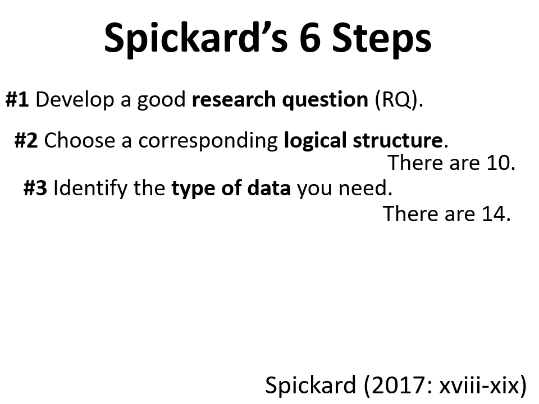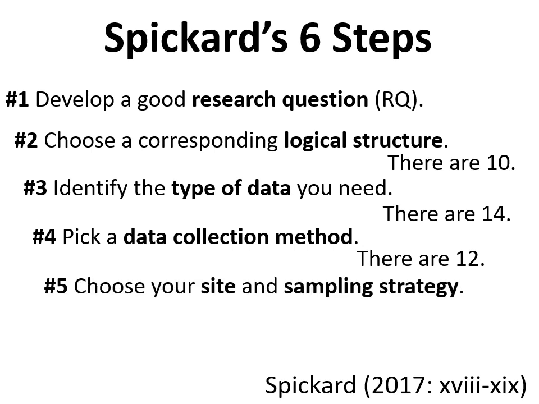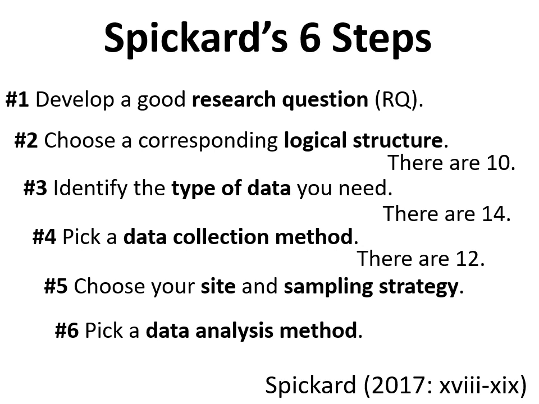Spickard identifies 14 types of data. In the fourth week, we'll talk about picking a data collection method, and Spickard identifies 12. Week 5, we'll talk about choosing your site and sampling strategy. So this is the 5th step. And in the 6th week, we'll talk about picking a data analysis method.